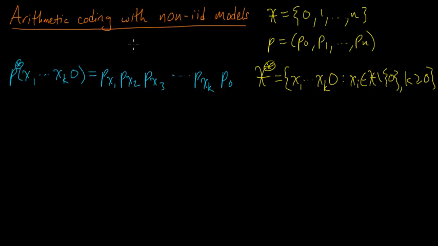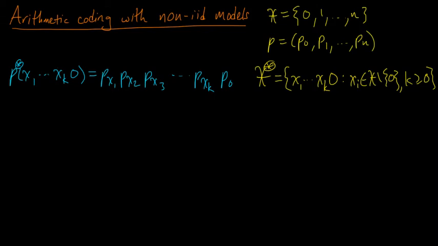Just think about language: you can oftentimes predict the next letter from the previous letters. This simple i.i.d. model does not account for that at all. So for a real-world source, it's not going to reflect reality, and as a result, you're not going to get very good compression because your model doesn't reflect the true distribution of the source.